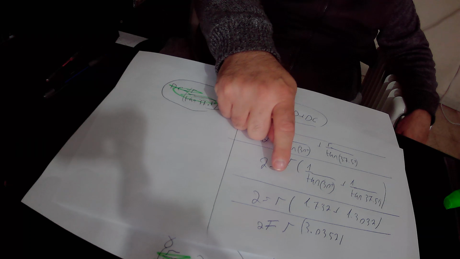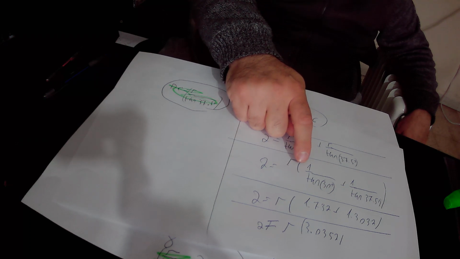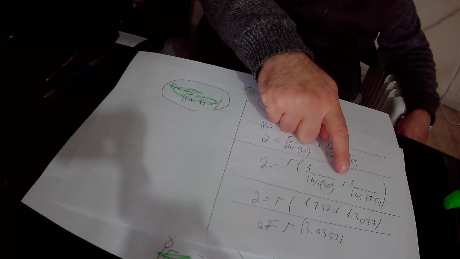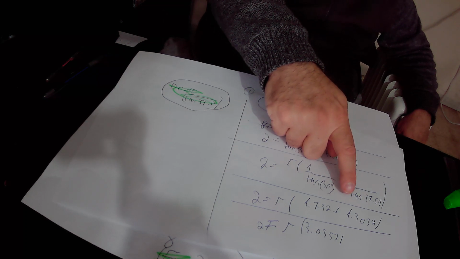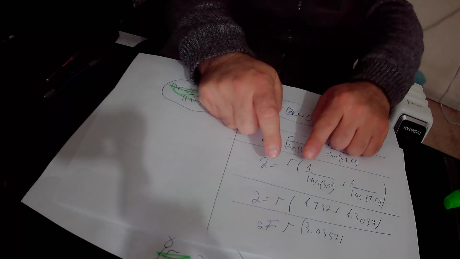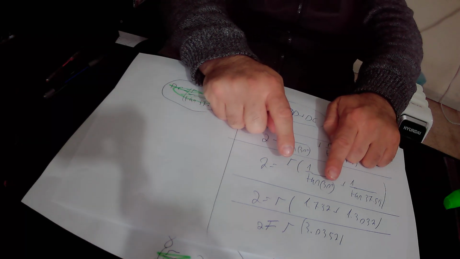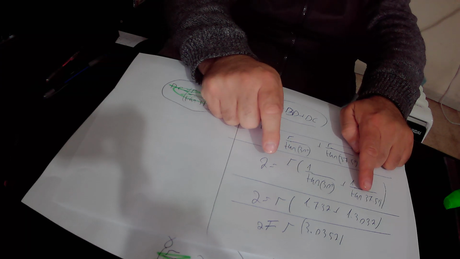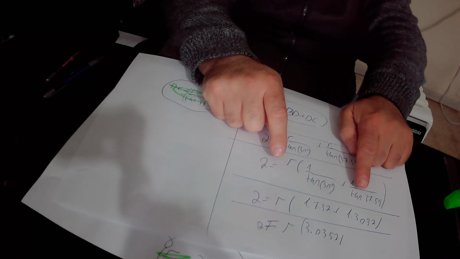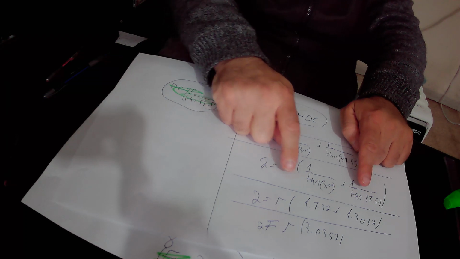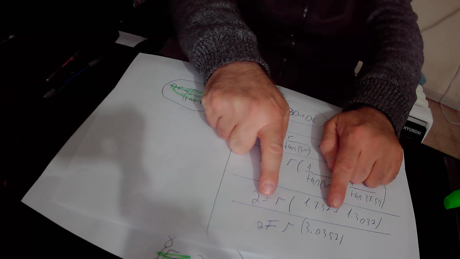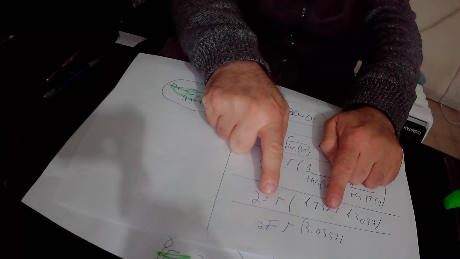So 2 equals R times 1.732 plus 1.3032. And 1.732 plus 1.3032 equals 3.0352. So in conclusion, 2 equals R times 3.0352.